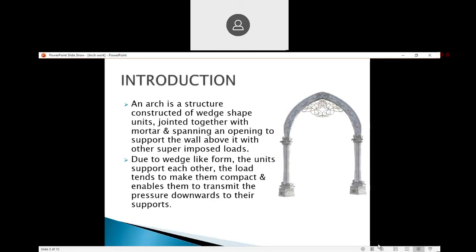An arch is a structure constructed of wedge-shaped units jointed together with mortar, spanning an opening and supporting the wall above it along with other superimposed loads. Due to the wedge shape, the units support each other, the loads tend to make them compact and enable them to transmit the pressures downwards to their supports.